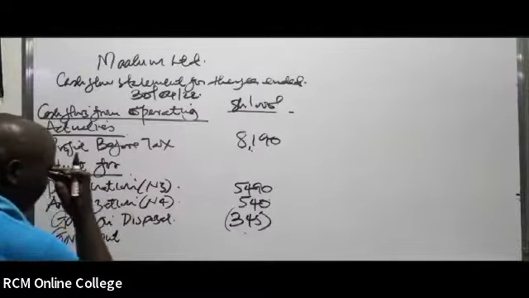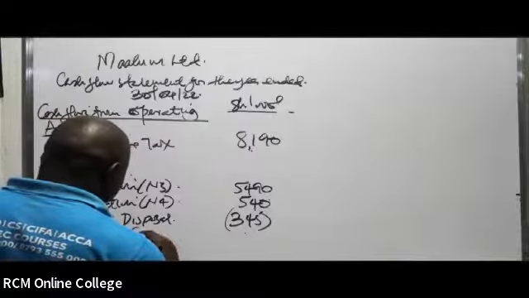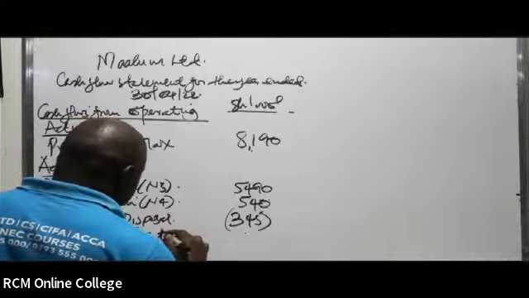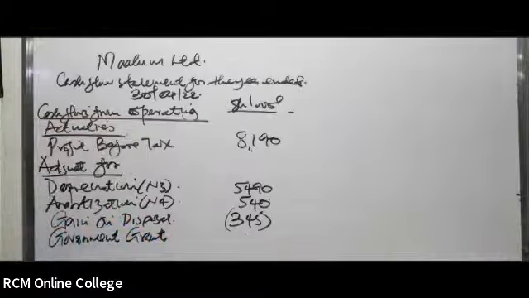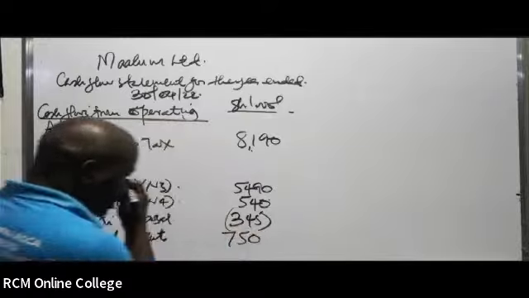But the real cash flow is what we calculated and got as 1710. So this government grant, we will deduct it, an amount of 750.